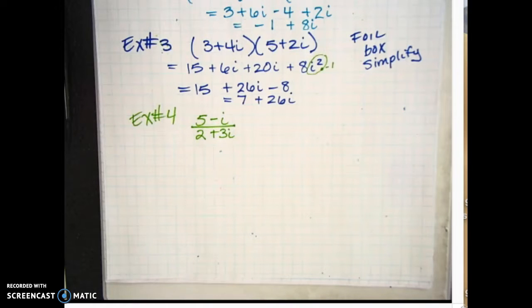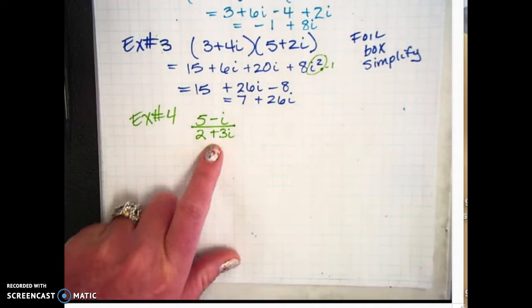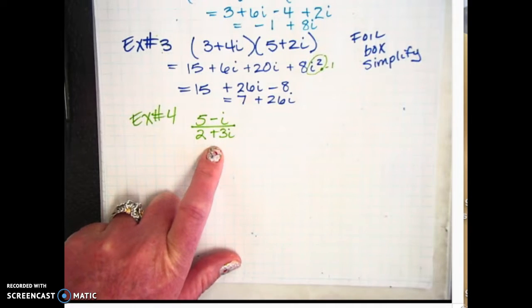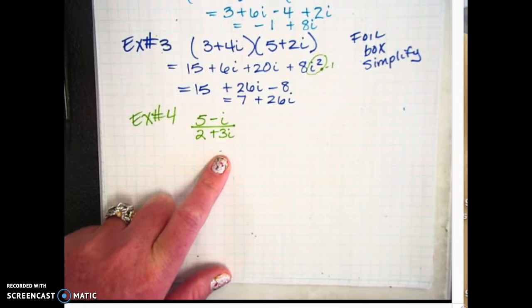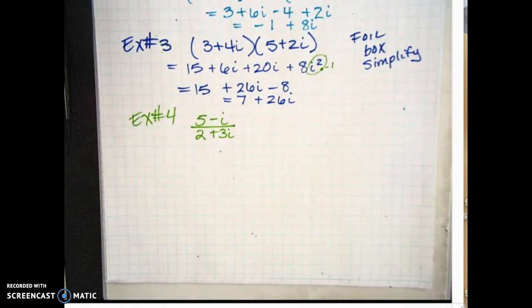You can't have an i in the denominator either. So you need to multiply by the conjugate of the denominator. What that's going to do is it's going to force the i squared to the -1. It's going to make opposites of the two middle terms, so they'll cancel out, and you won't have any more i's in the denominator. Okay? So that's why we do it.